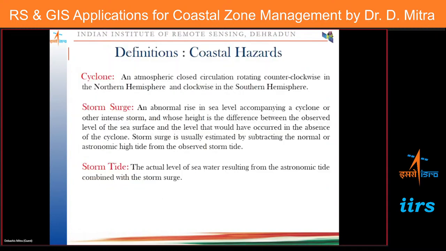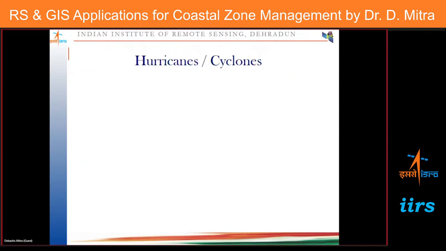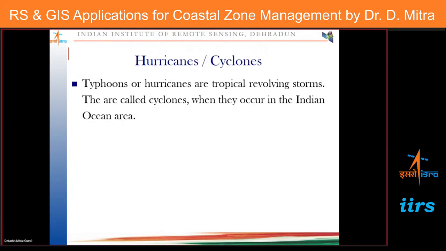A cyclone is basically an atmospheric closed circulation rotating counterclockwise in the northern hemisphere and clockwise in the southern hemisphere. Along with the cyclone, there is a rise in sea level called the storm surge. Typhoons and hurricanes are tropical revolving storms. They are called cyclones when they occur in the Indian Ocean.